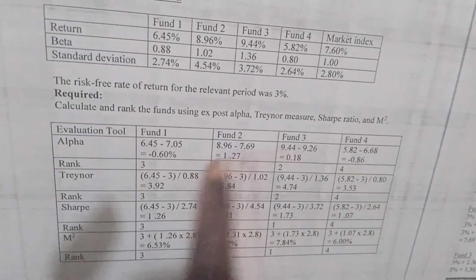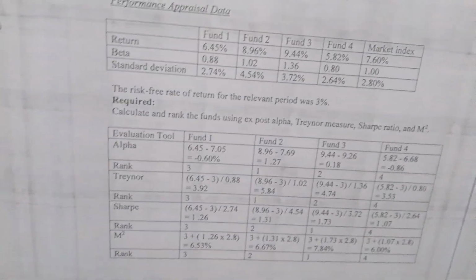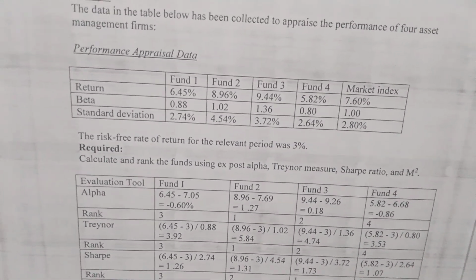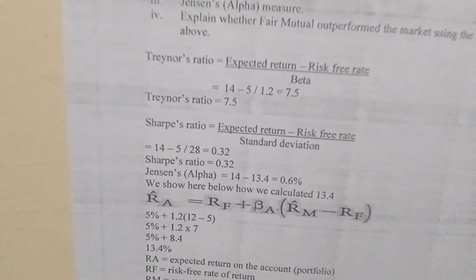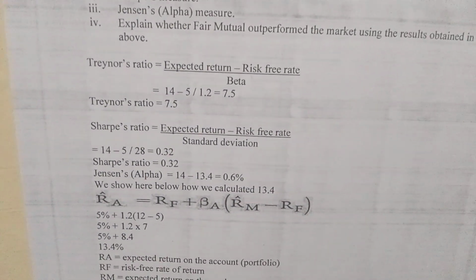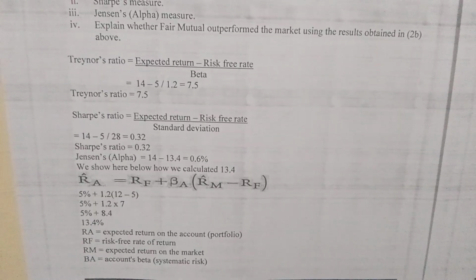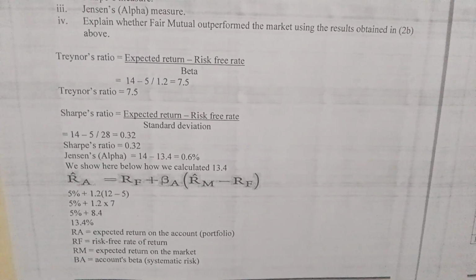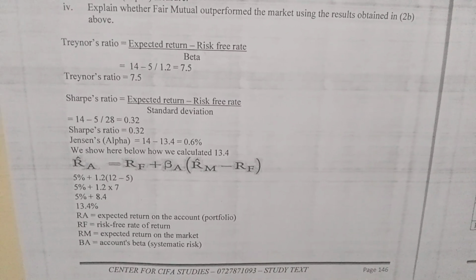So some books talk of alpha, others talk of Jensen's measure. So when you see Jensen's measure, it means alpha. So the name alpha and Jensen's measure are used interchangeably. So can you try that?